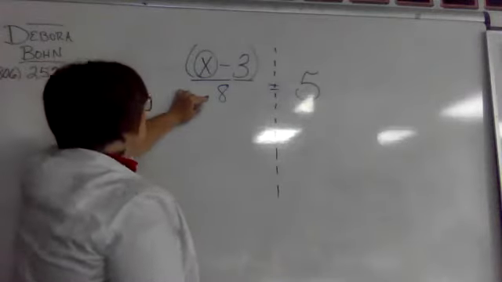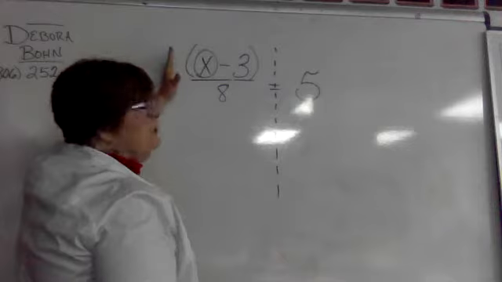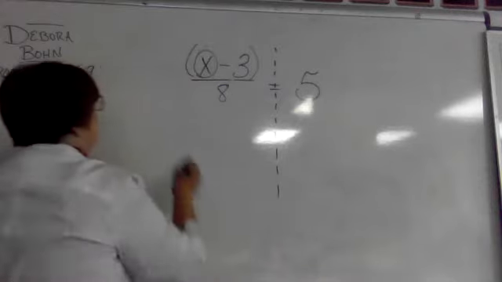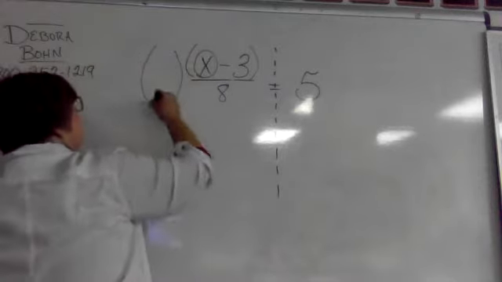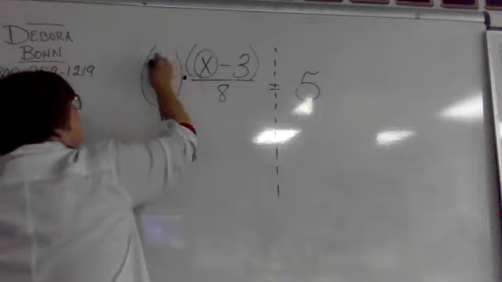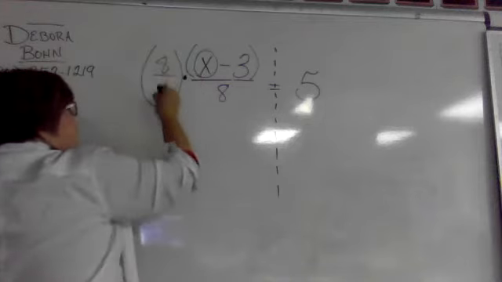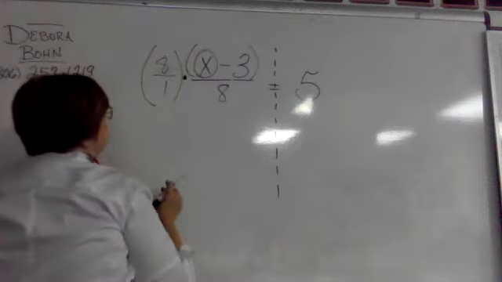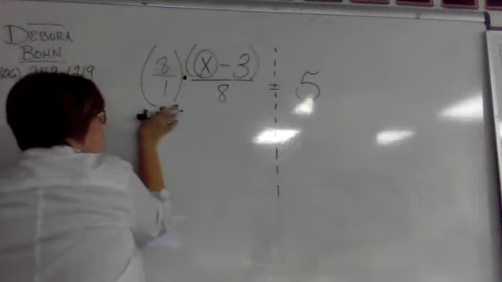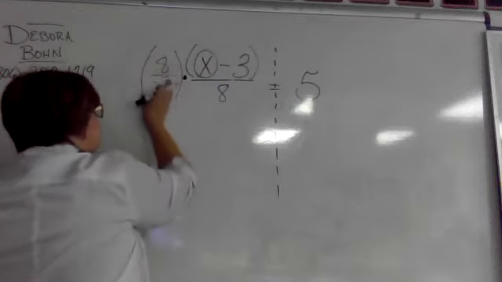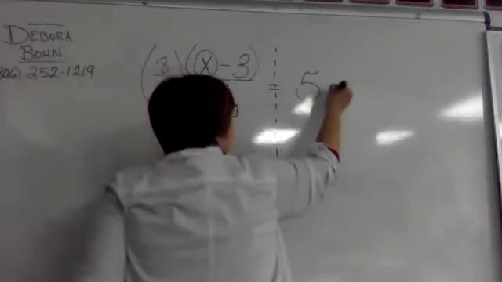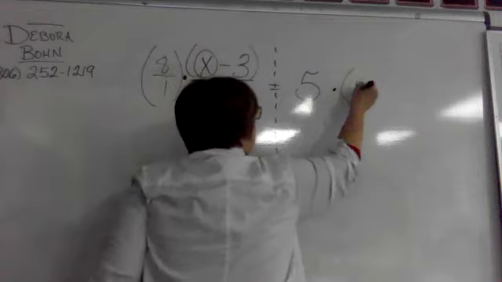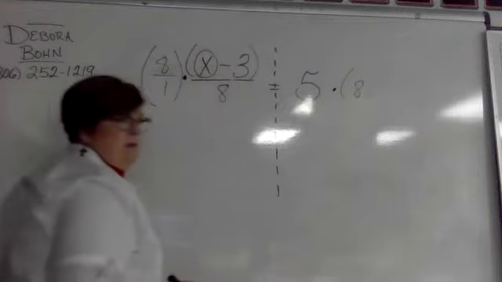When we're dealing with fractions, let's multiply out to the side. So I'm going to multiply by 8. I'm putting it over 1 because it's a fraction, which just makes it easier. And I have to balance. As soon as I put this on one side, I need to go over to the other side and multiply by 8.